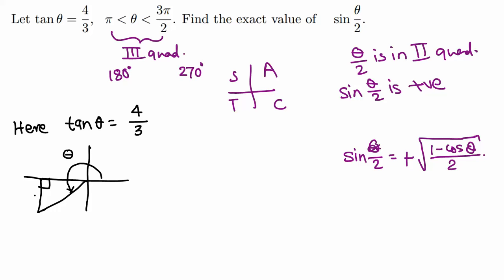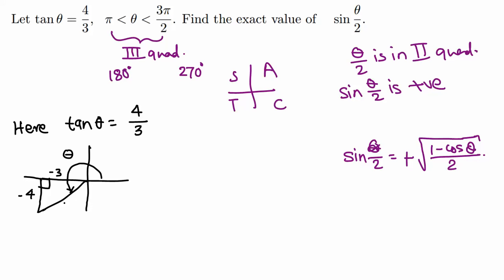Opposite over adjacent is the tangent, so 4 over 3. Due to the location, this is negative 4, going down, and this is also negative 3. So negative 4 over negative 3, both negatives cancel, so we get 4 over 3.